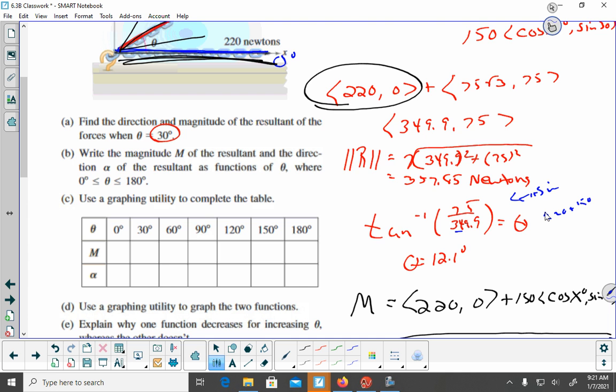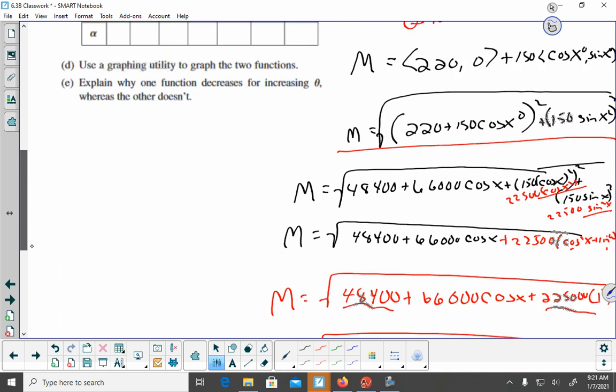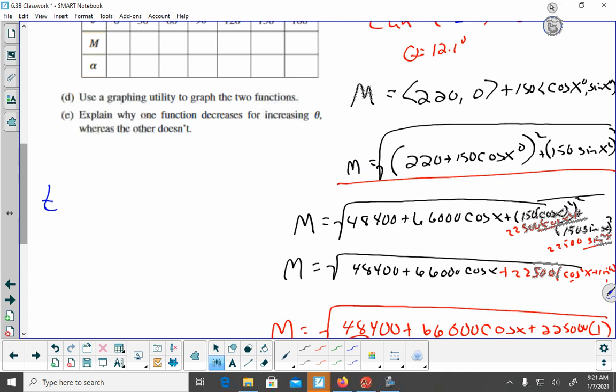So I'm going to write that formula up here: the inverse tangent of 150 times the sine of whatever that angle is, over 220 plus 150 times the cosine of that angle. That's going to be my angle.